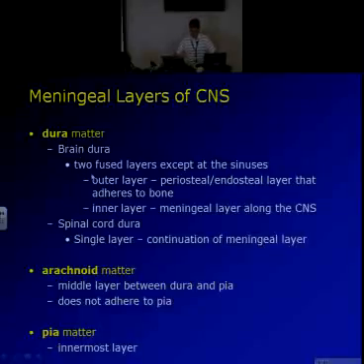I only want to highlight some of the differences up in the brain versus the cord itself. The outside, as we know, is dura, arachnoid, pia. I think we've gone through that at different levels. But what I'd like to talk about is a comparison of the outer and inner layer up in the brain.